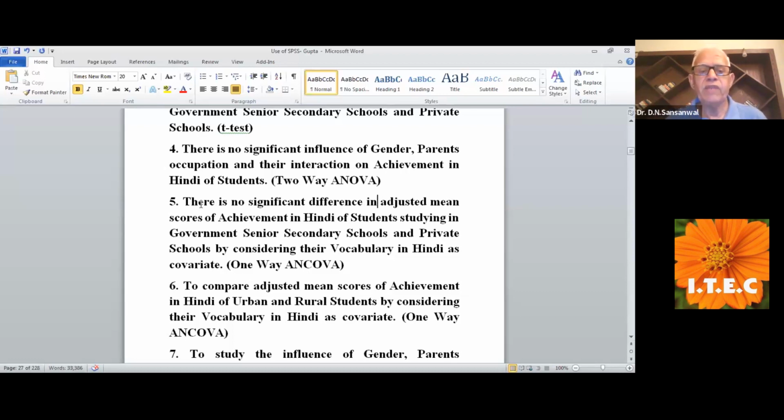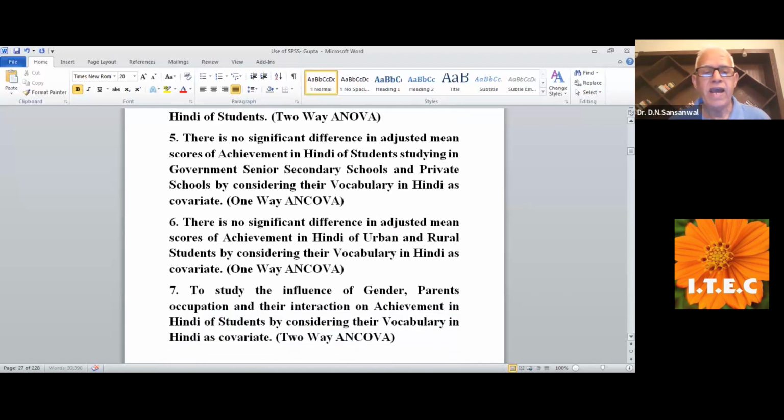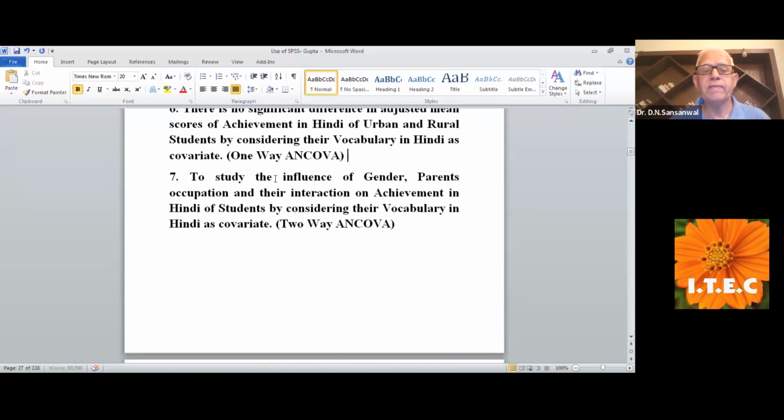Then here it will be that there is no significant difference in adjusted mean scores of achievement in Hindi of urban and rural students by considering their vocabulary in Hindi as covariates.